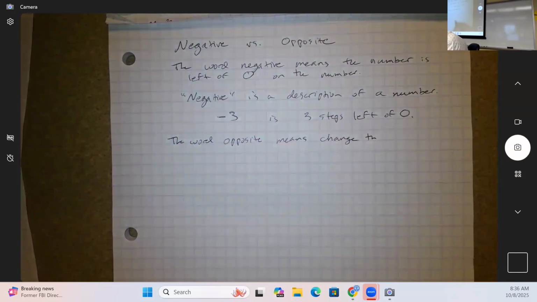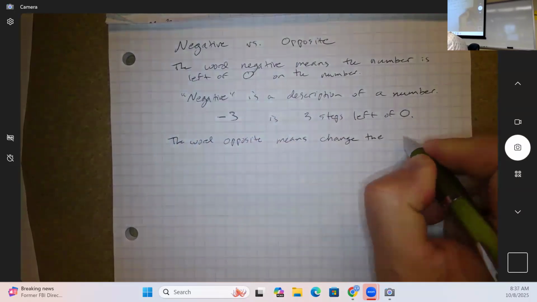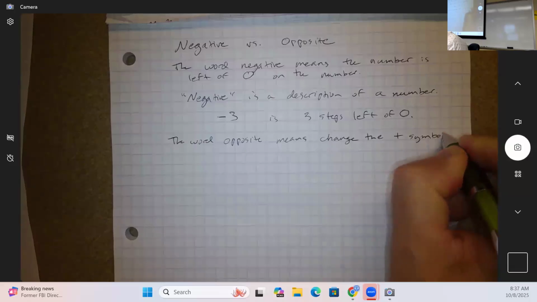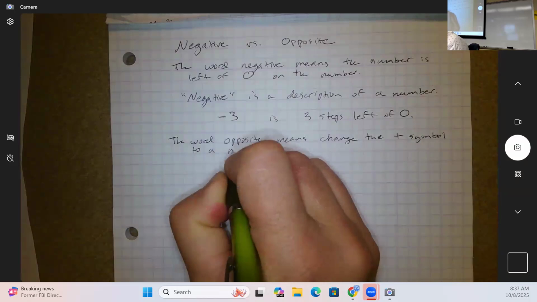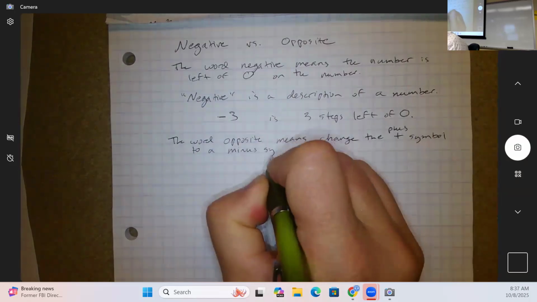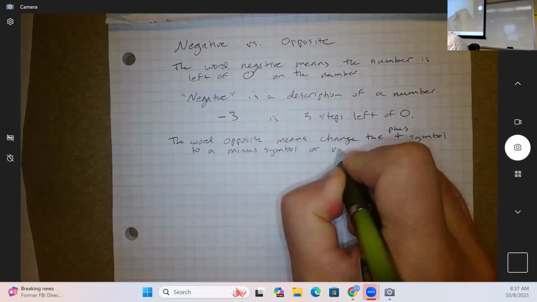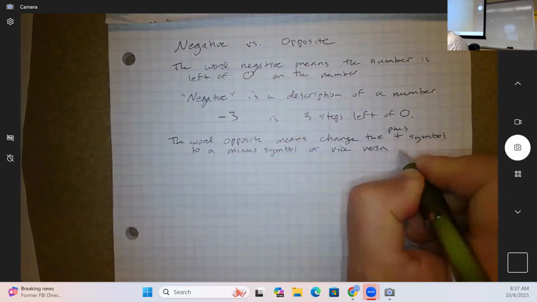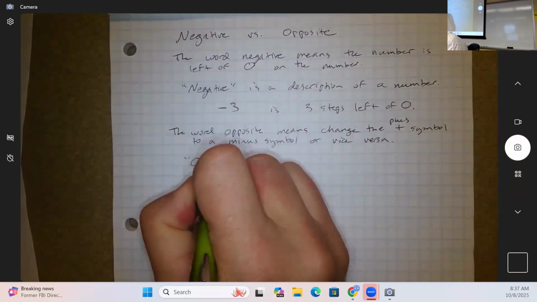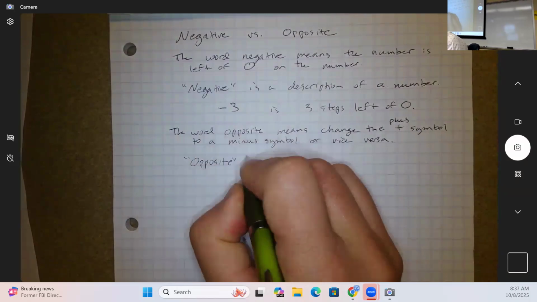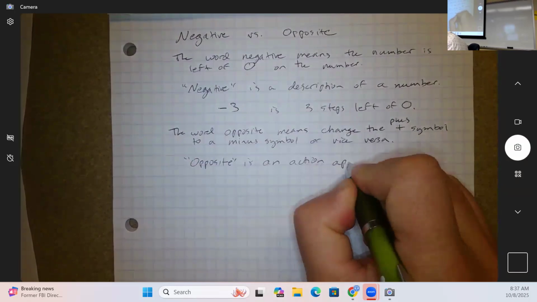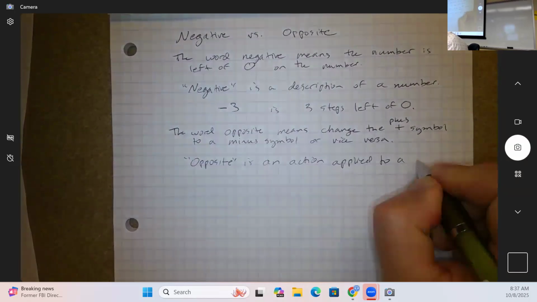The word opposite means change the plus symbol to a minus symbol, or vice versa. Opposite is an action applied to a number.